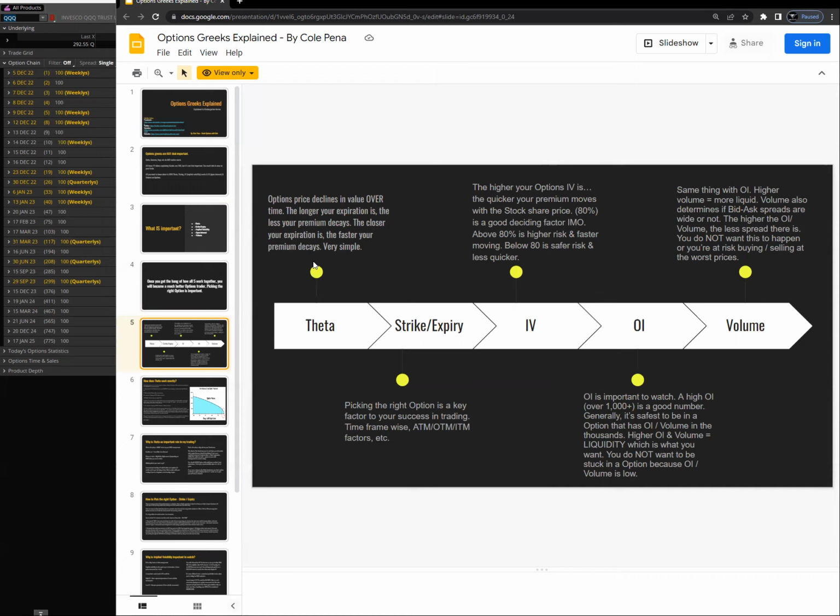Next up, we have strike and expiry. This is very important. This is the problem that a lot of people run into, especially with expiration. Let's say they see a good setup on the daily chart. They end up buying an expiration that expires within the same week, and they end up getting burned because there was not enough time.